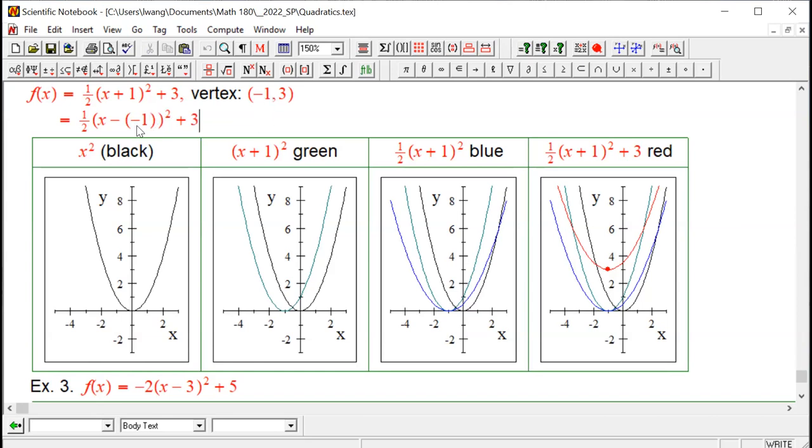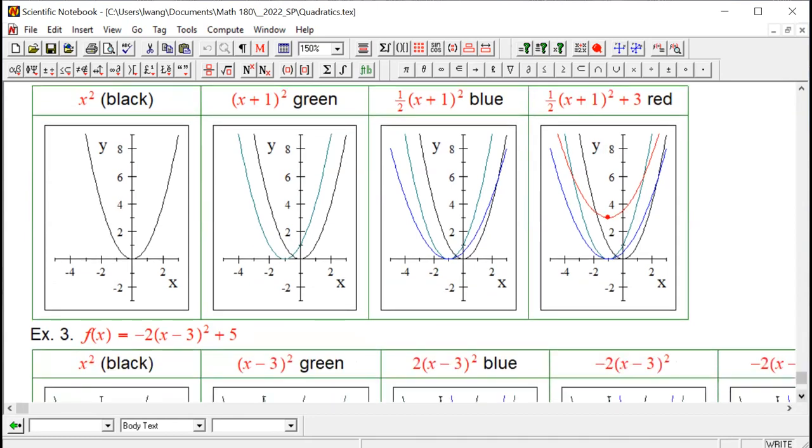So on your vertex, you have a -1 and the +3, so -1, 3. So you can see this algebraic form will already tell us the vertex. We're going to study more of these in the future.